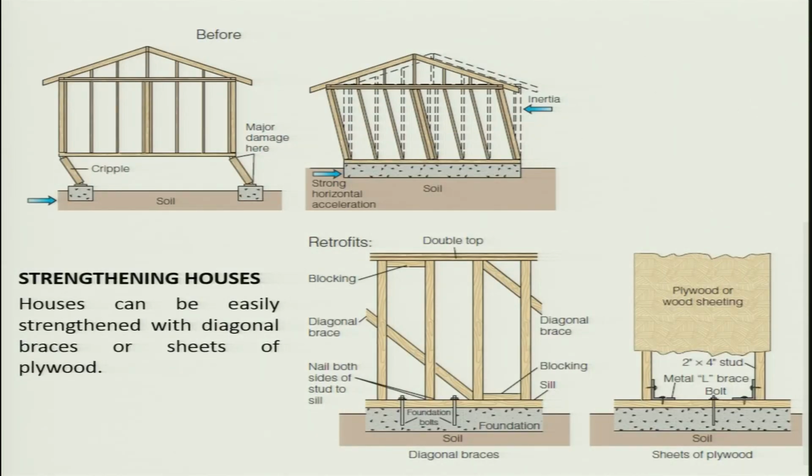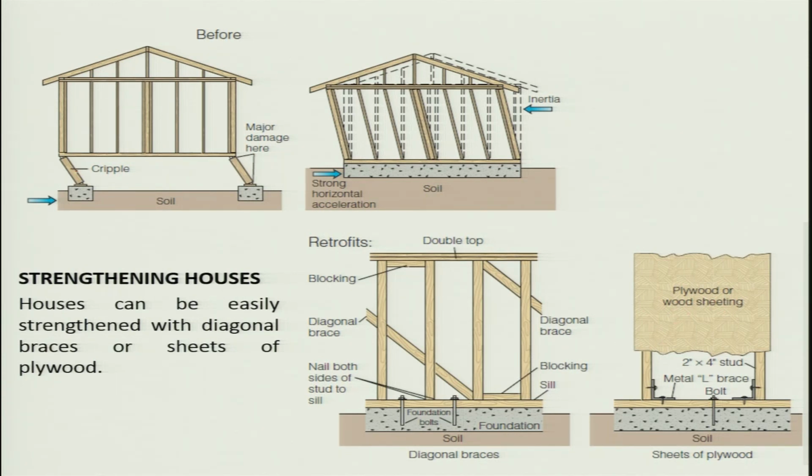Here are a few more examples which show the strengthening of houses, which can be done easily with diagonal braces and sheet ply. If you have wooden houses, then you can use diagonal braces which can support this whole wall, as well as plywood or wooden sheets to protect all this.